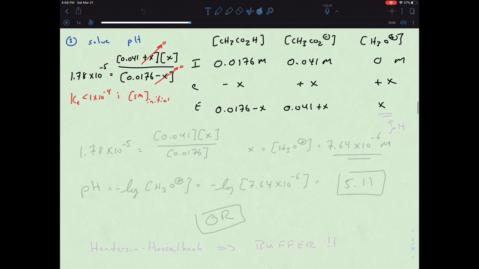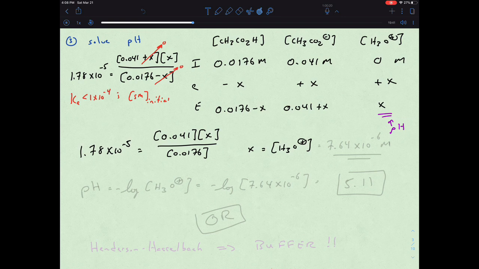And so we end up with this 1.78 times 10 to the negative fifth is equal to 0.041 times X over 0.0176. And so we can solve for that X. Remember, X here is hydronium ion. That's where we're getting our pH.